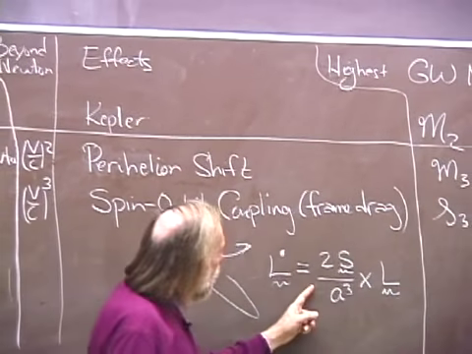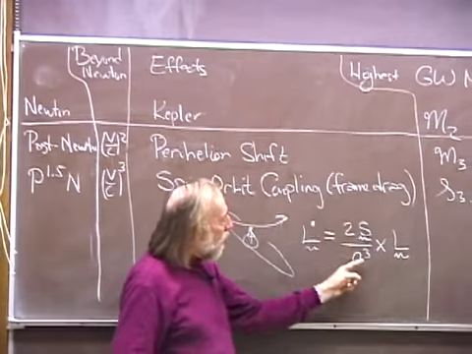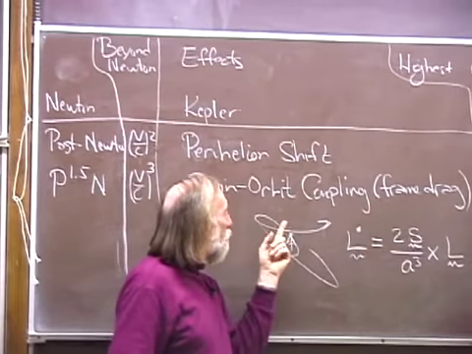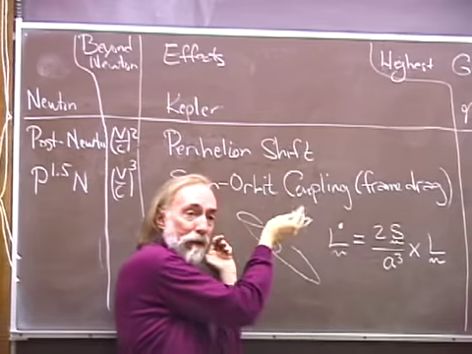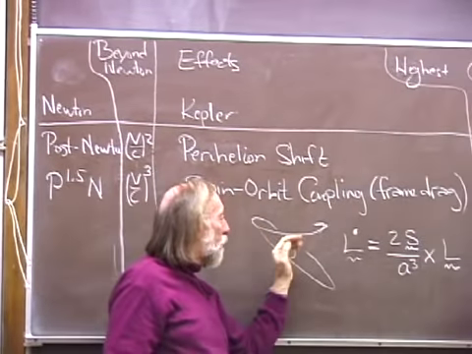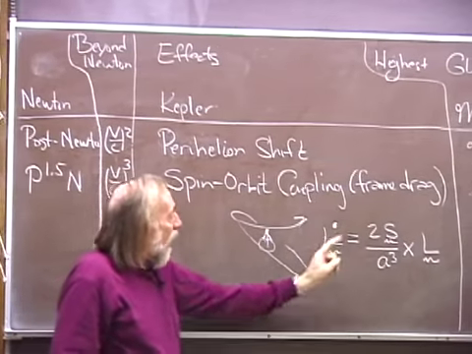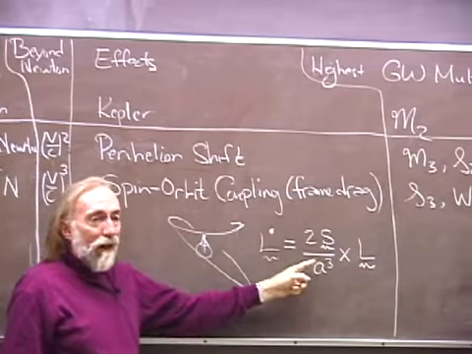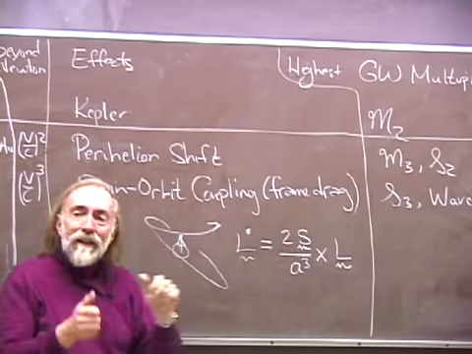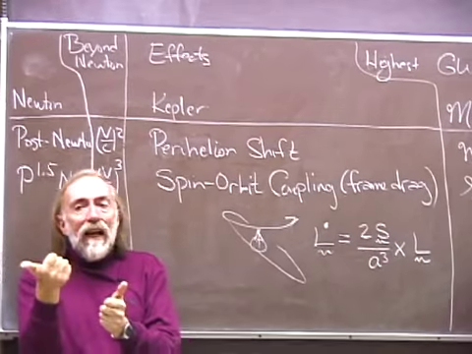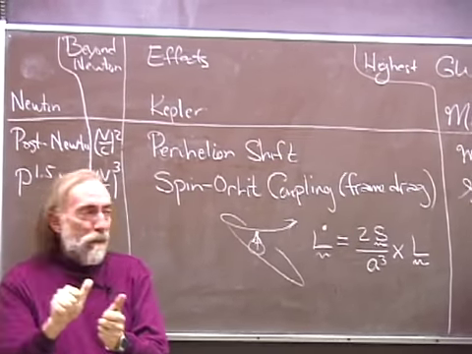The standard equation for precession, and you read this off as the angular velocity of the dragging of inertial frames, or the angular velocity of precession of the orbit. However, if both objects have spins, it becomes more complicated than this, because both spins are dragging the orbital angular momentum, and the orbital angular momentum is dragging both spins.